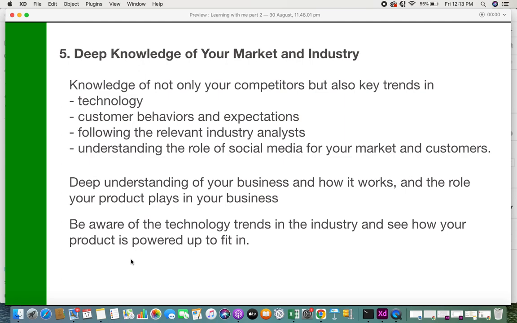So one day there are going to be more advantages over your product. So it's important you understand all these trends and see how your product fits into that, and continuously go with the pace rather than lagging behind, okay, which would indirectly help your product in still staying in that market. So for that you need to understand the market and the industry.